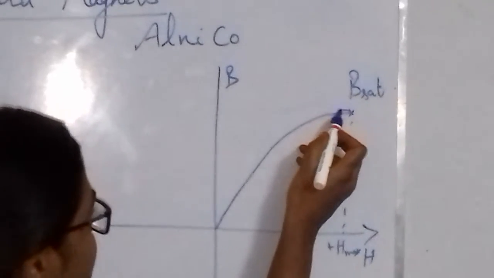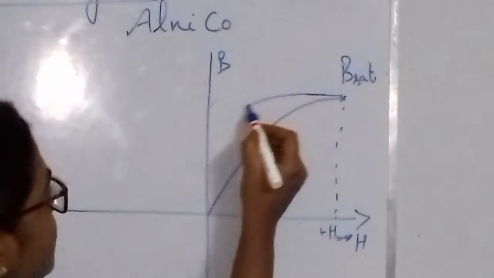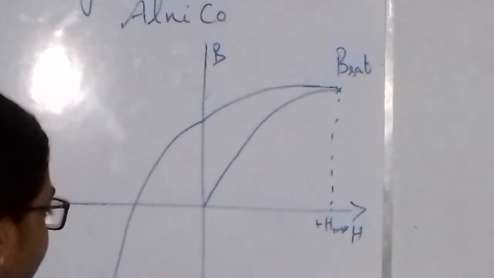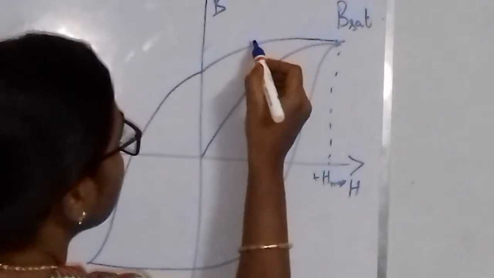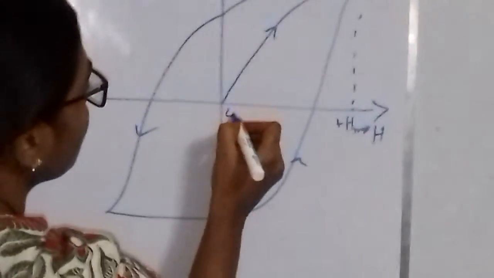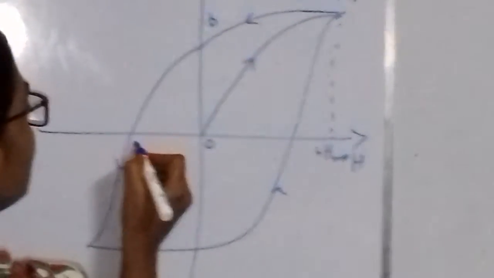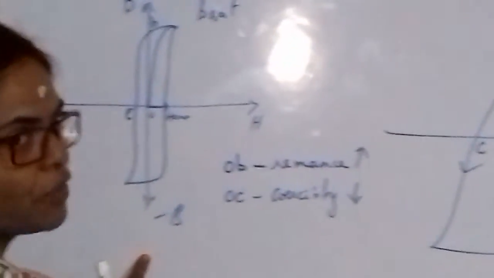And when we decrease, it decreases here. Then it goes like this. So OB is also high, OC is also high, but not as high as soft magnets.